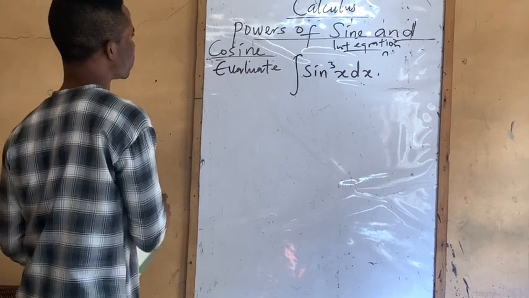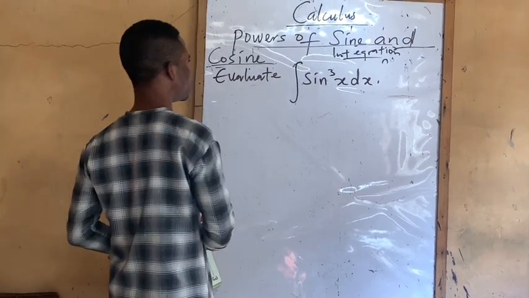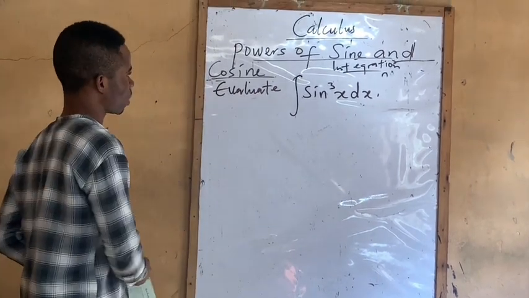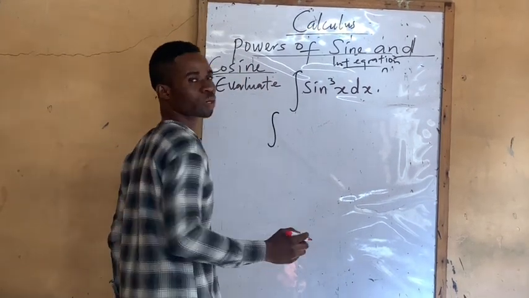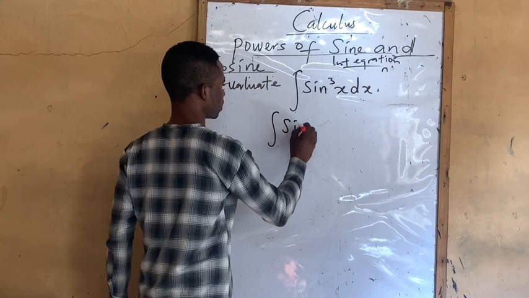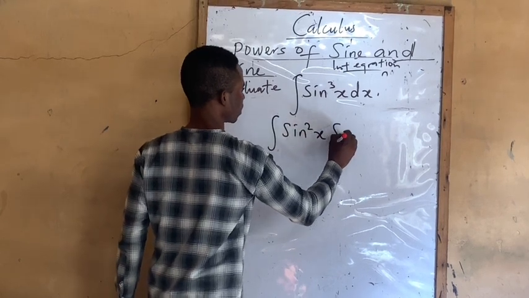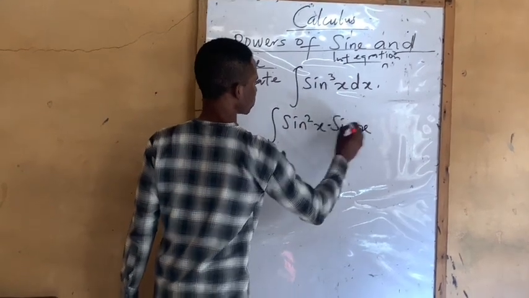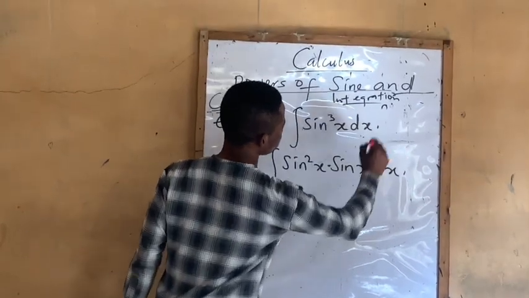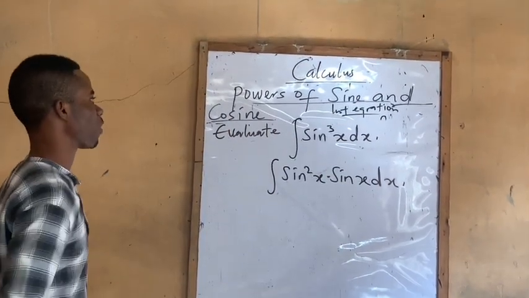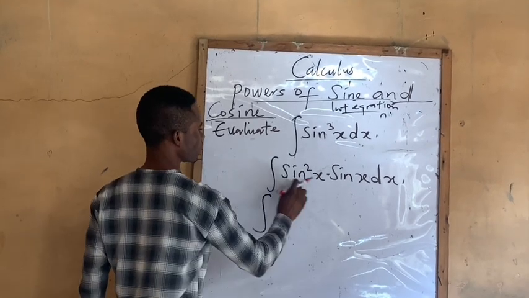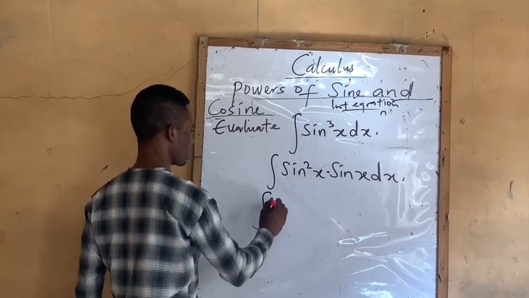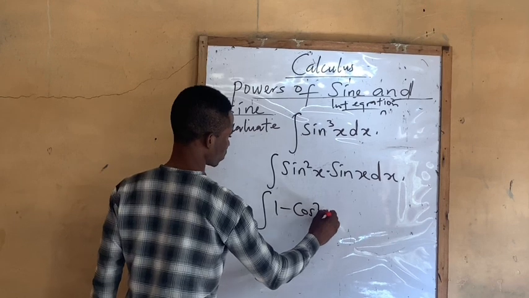We are given something like this. What do we do? As you know that this cube, I can as well write it as sine square x times sine x dx, if I split it into 2. And we know that sine square x also means 1 minus cos square x.